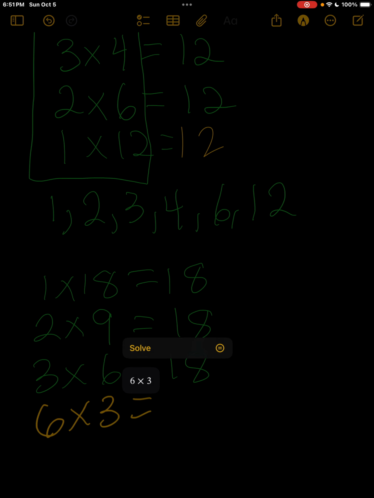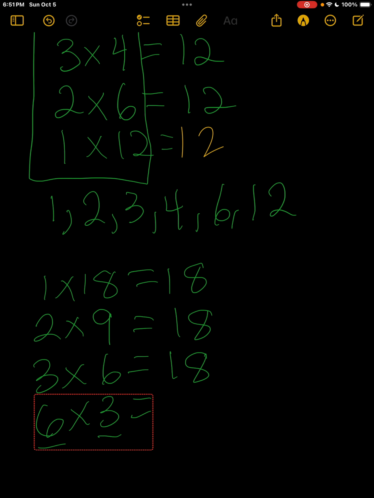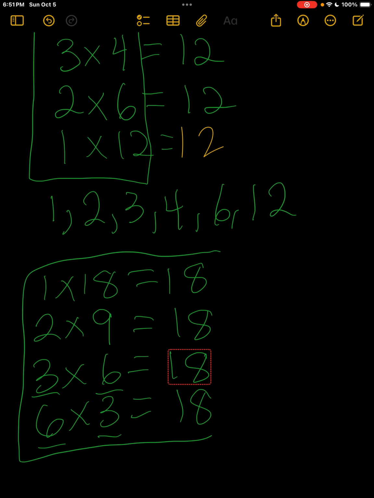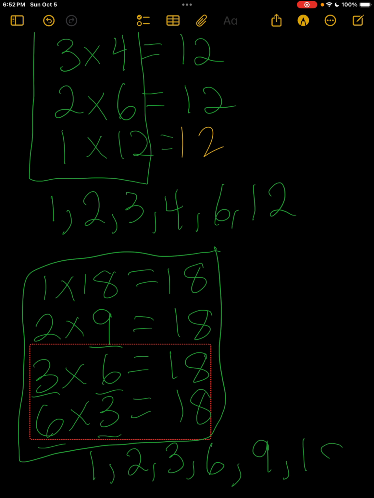So like this is just 6 lizards in 3 boxes, and this is 3 lizards in 6 boxes, okay? So these are all of the factors of 18. We have 1, 2, 3, 6, 9, and 18. Okay, those are all the factors of 18.